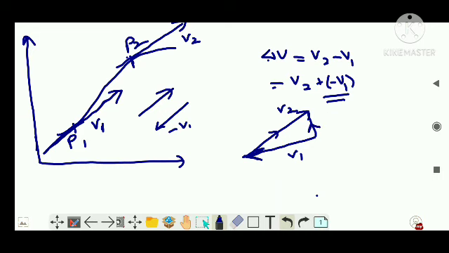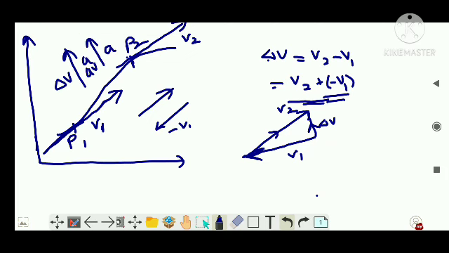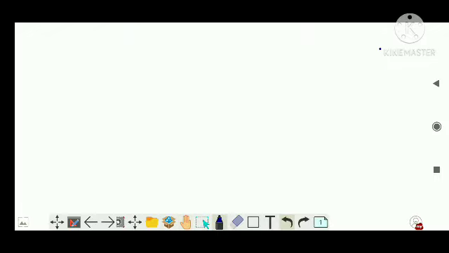So this is the direction of delta v. Delta v is the resultant of subtraction of v2 and v1. So delta v has a direction like this, and the same direction will be the average acceleration, or I can write a bar. Clear? This and all is not at all explained in your physics textbook. That's why I'm explaining, tediously taking time. I could have just drawn it, but I don't think that is the proper way.